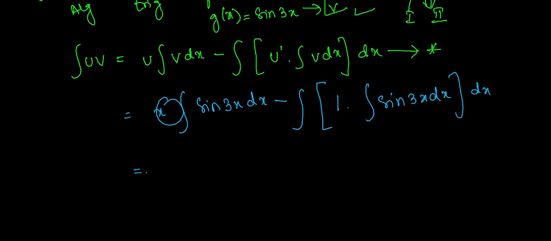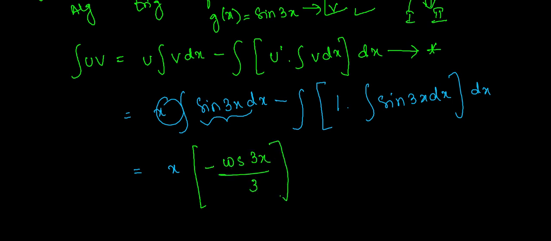So after this you write, what is the integration of sine 3x? Integration of this is nothing but minus cos 3x divided by 3. Here 3 is the differentiation of this 3x.